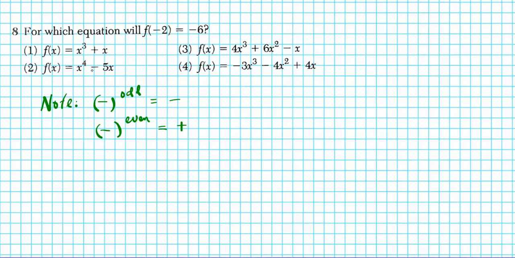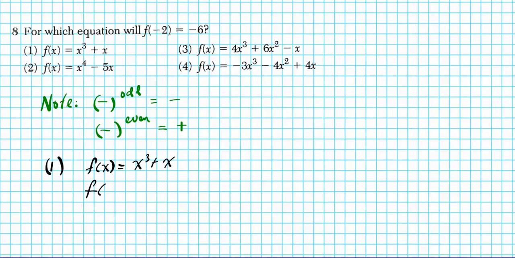Alright, so I'm going to just test out these options. I'm going to plug in negative 2 into them and see if I get negative 6 as my output. Let's try f of negative 2 for option 1. Let me write down what the function is first so no one gets confused. For option 1, we have f of x equals x to the third plus x.